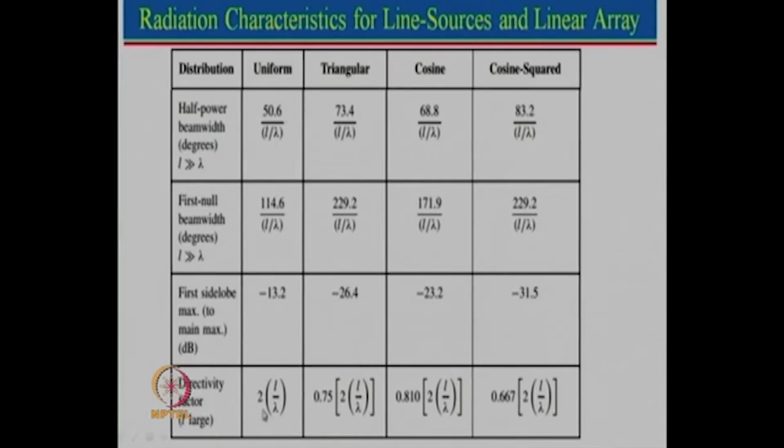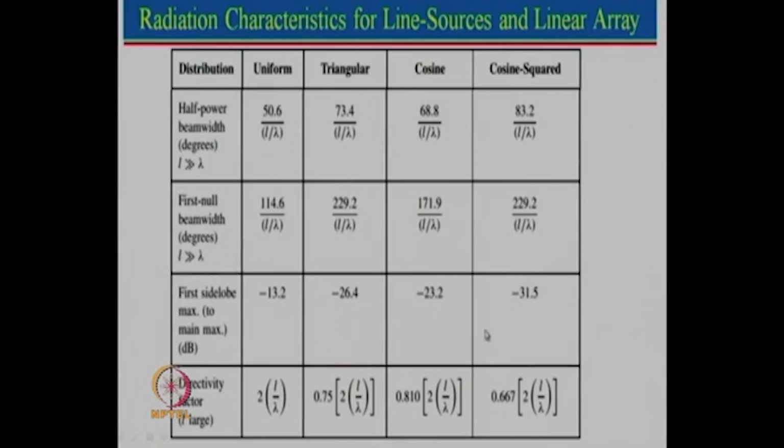So, for uniform, we get a side lobe level of say minus 13.2 dB, if we use triangular, side lobe level drastically reduces to minus 26.4, cosine distribution is in between, and cosine square reduces the side lobe level to below 30 dB, which is minus 31.5 dB.